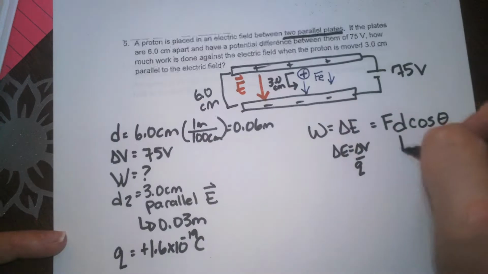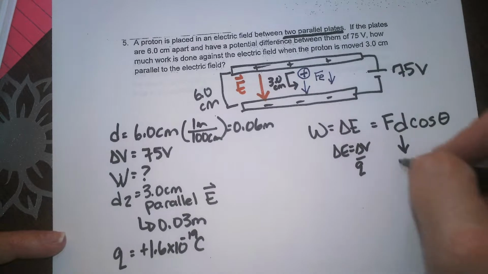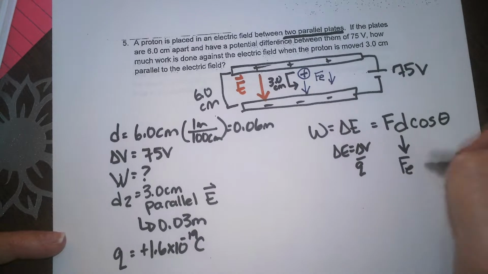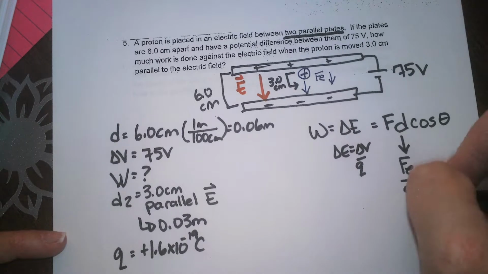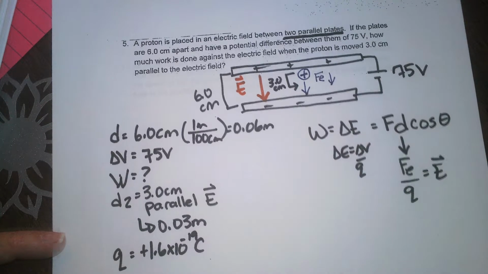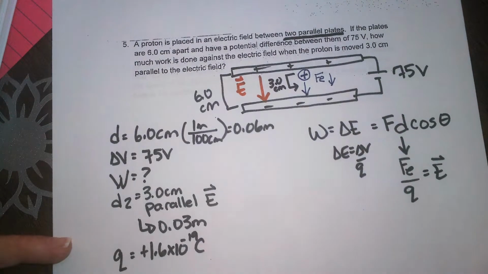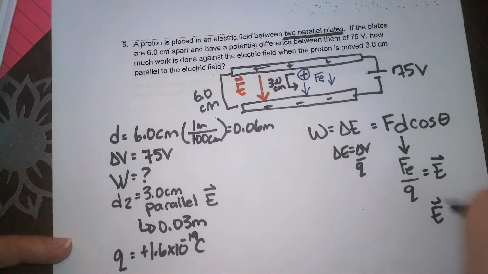We could also do this one because force electric over charge is equal to electric field strength, which we can calculate. Electric field strength is, what's the formula for that one?